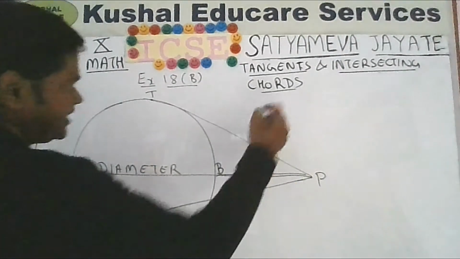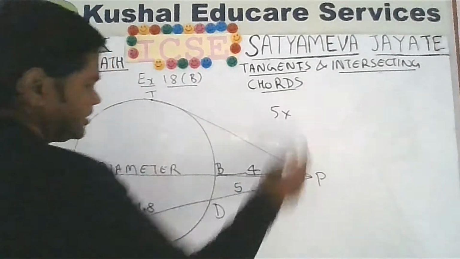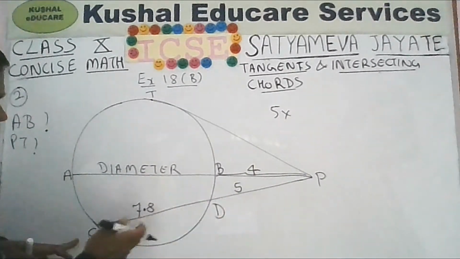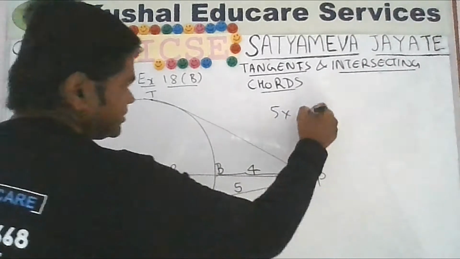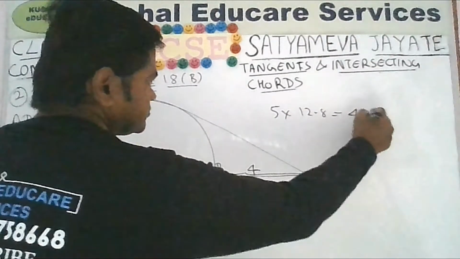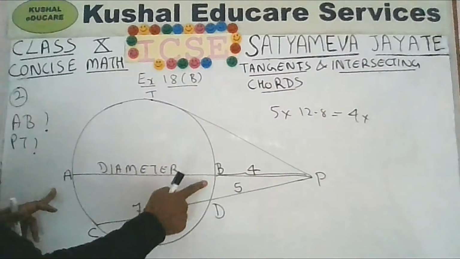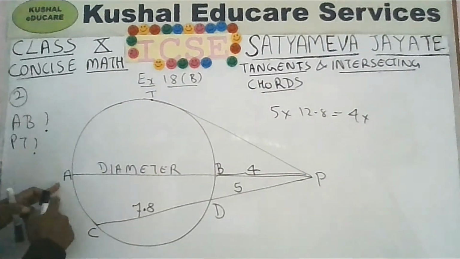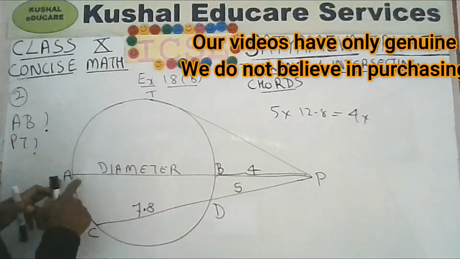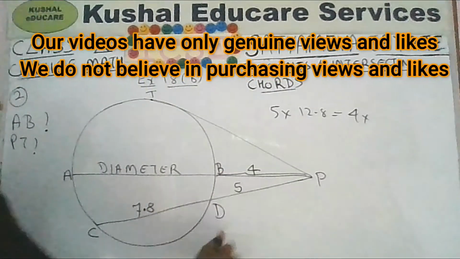So we'll get here PD is 5 into PC. So 5 plus 7.8, you will get 12.8. This will be equal to 4 into AB plus 4. That is, you want PA into PB. PB is given 4. So PA will be diameter plus 4.